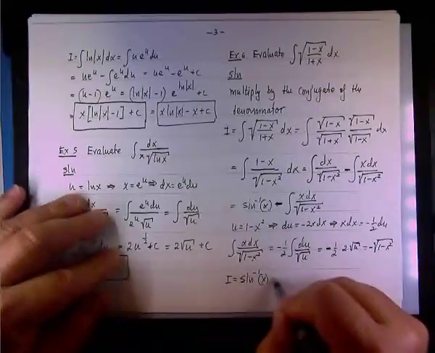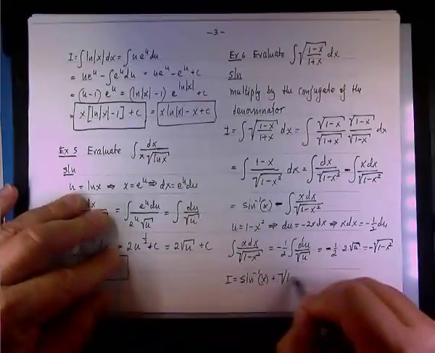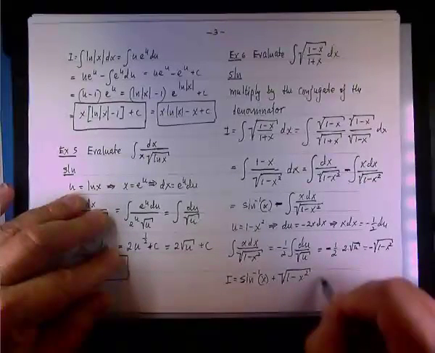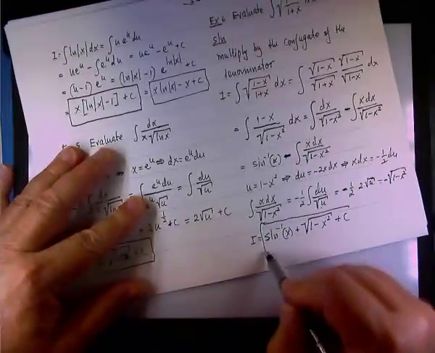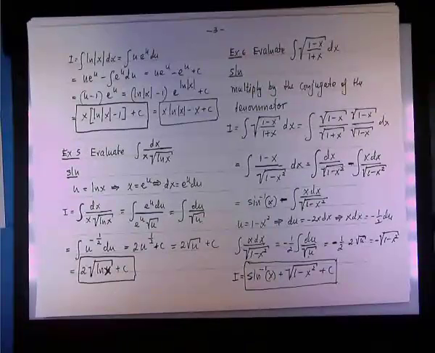Oh, okay, and we started with negative, so it becomes positive. So now here's the result of the integral. We have the inverse sine of x, and then minus negative, so we have plus the square root of 1 minus x squared plus c, which is an expected result.